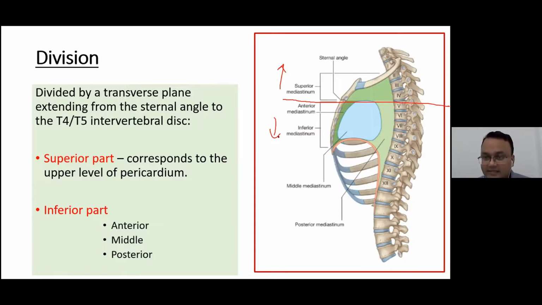If you look at this image, you have the inferior part, or inferior mediastinum. The inferior part is further divided into three. You have the anterior, the middle, and the posterior. So anteroposteriorly, from front to back, it is divided into three: the anterior, middle, and posterior.